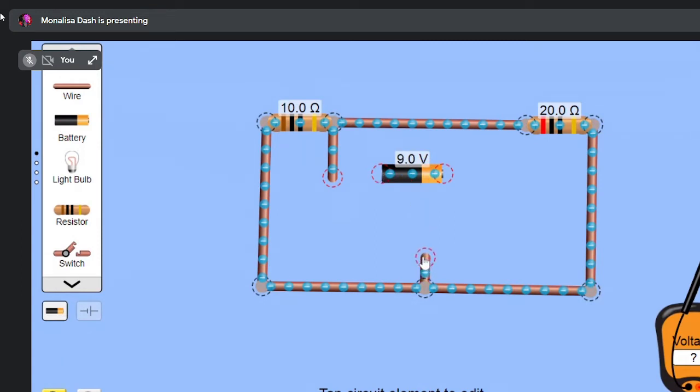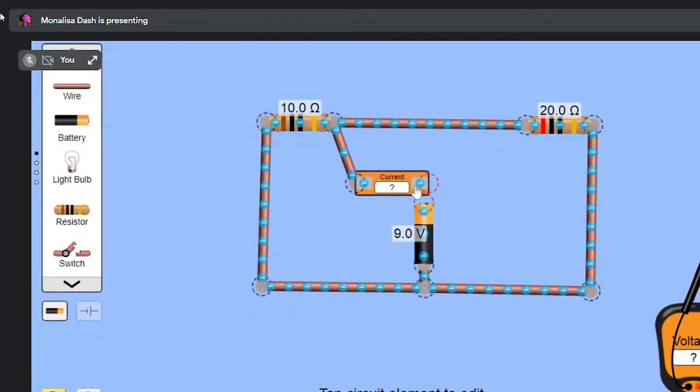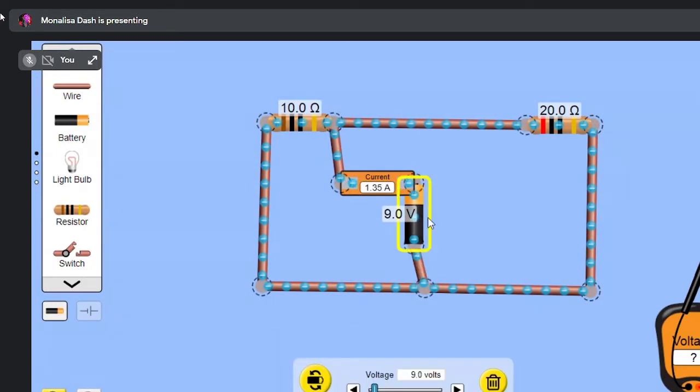So what will be the value of that battery, ma'am? Battery value, I'm telling. Here is the battery value. Any value we can give. I'm just giving 9 volt. What is the current coming? 1.35. Just to calculate what the resistance value is.